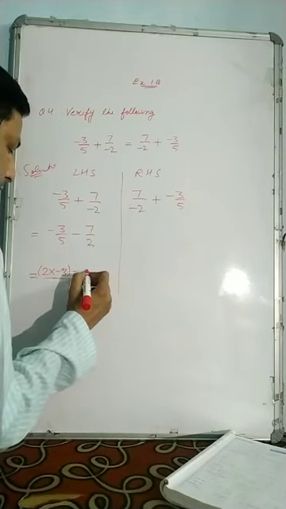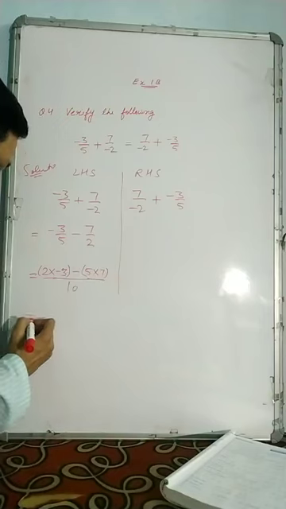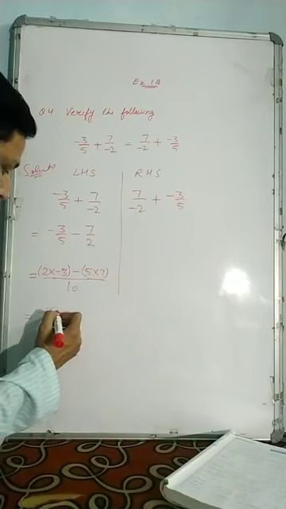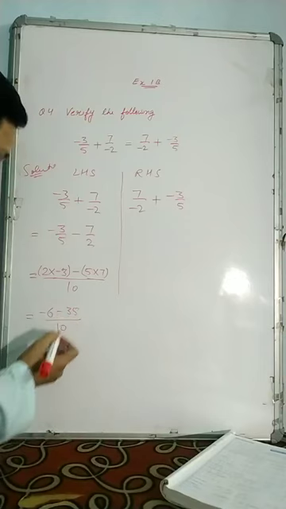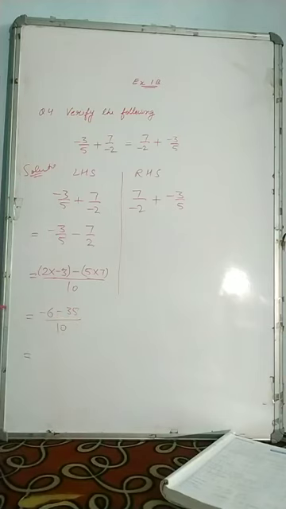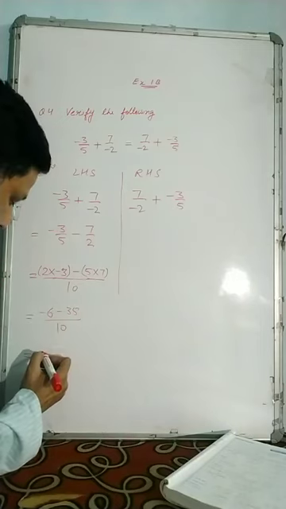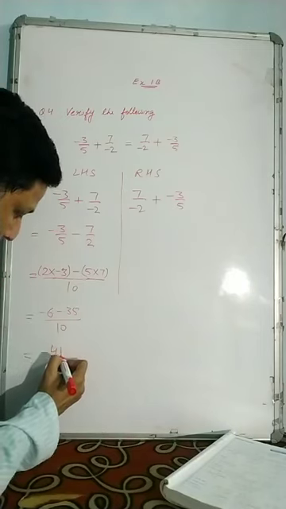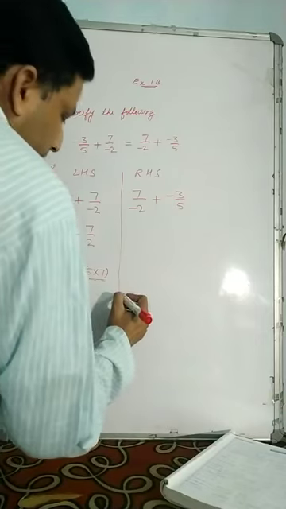In the table of 2 it will come for 5 times, 5 into 7, then take bracket. Here we write minus 6 minus 35 upon 10, and after adding the negative integers along with the minus symbol, here we get minus 41 upon 10.